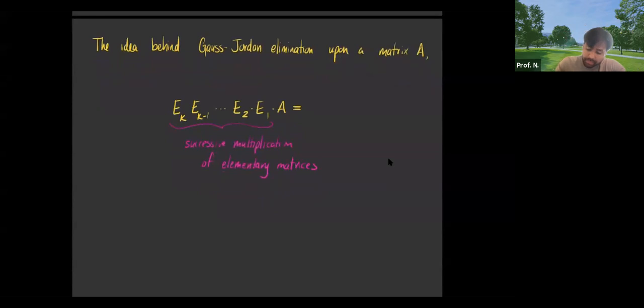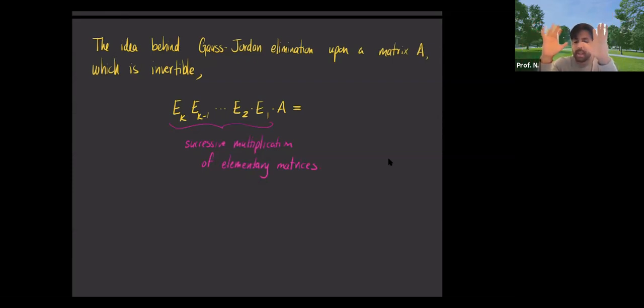And if A is invertible, what's the idea? When we have a matrix that's invertible, it has an inverse. And in order for that inverse to exist, we have certain requirements.